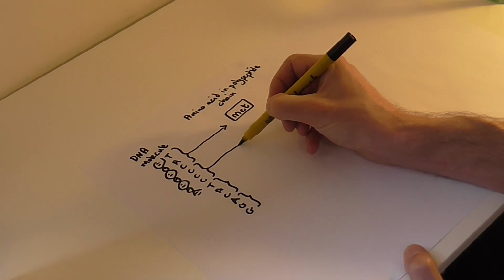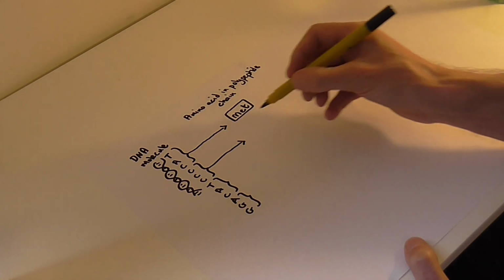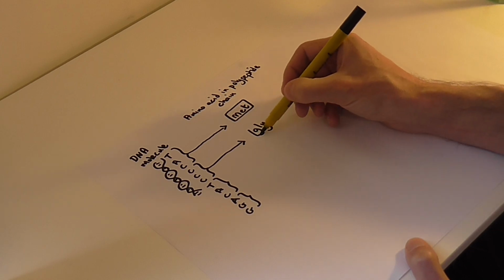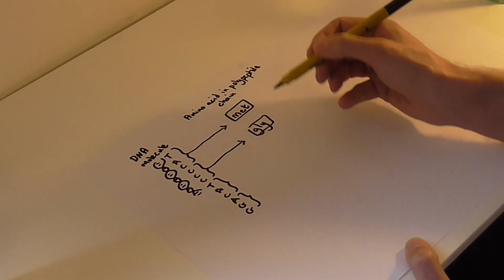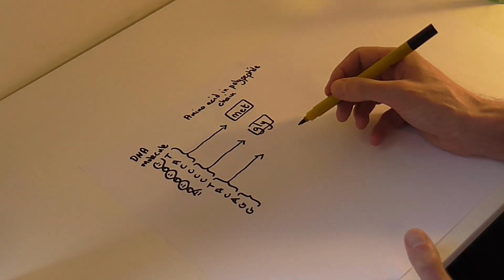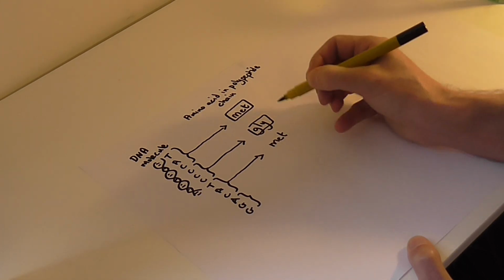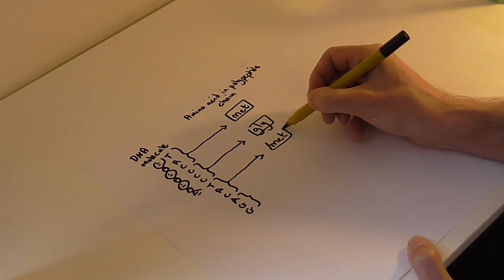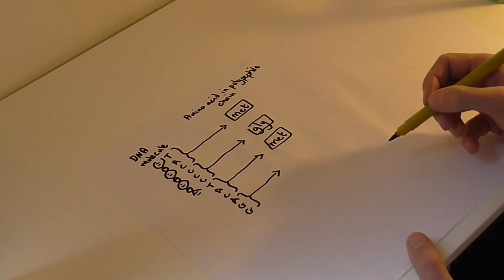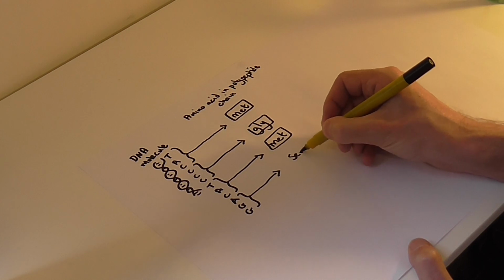CCC, 3 cytosines, will code for the amino acid glycine. TAC is going to code for methionine again. And just to finish off my example, GG is going to code for the amino acid serine.